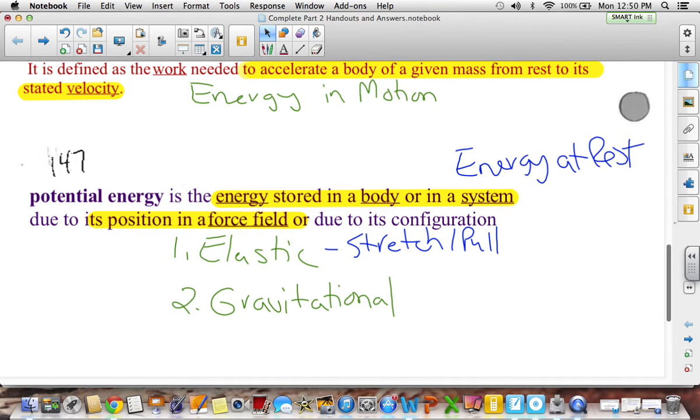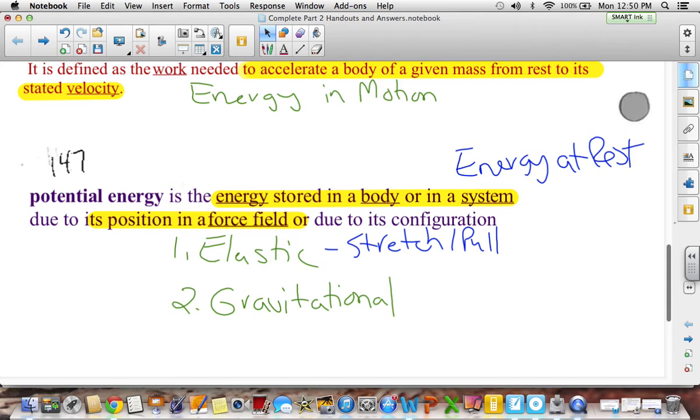So anything that has a stretching property, springs, rubber bands, would be an elastic potential, where you're storing energy into it, and it's not moving yet. As soon as you let go of the rubber band, the potential turns into kinetic energy, or energy in motion. Same thing when you let go of the spring: you're turning your potential energy into kinetic energy. So that's one form of it.